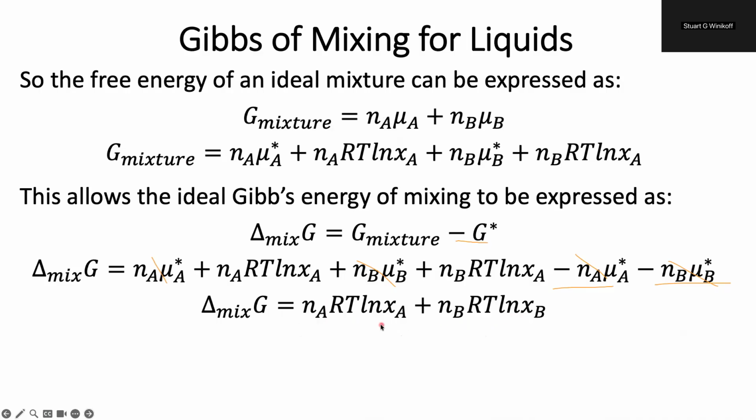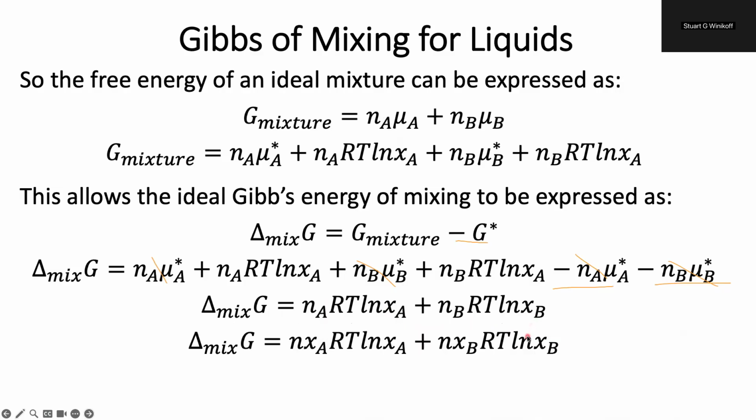Now, this gives us essentially four variables, though note we do have a correlation between A and B. So we can drop a variable from the system by expressing the amount of A as the total number of moles times the mole fraction of A, and the same thing for B. So now the first term is in terms of N and T, defined by the system, and if we're looking at molar properties, N will just disappear.